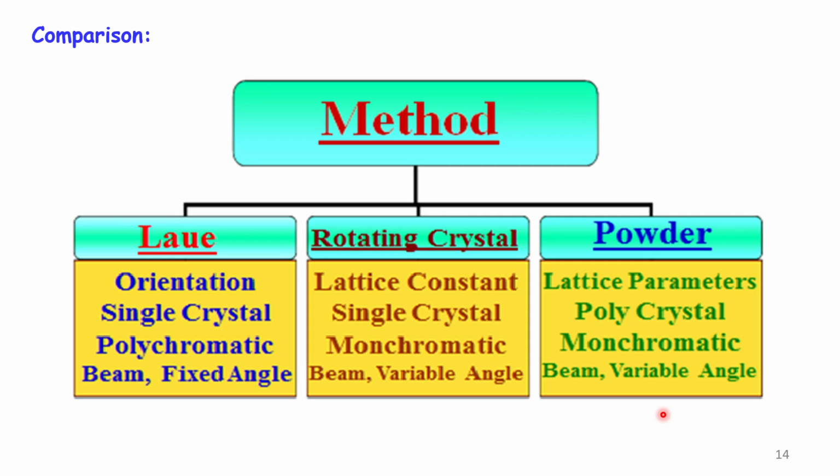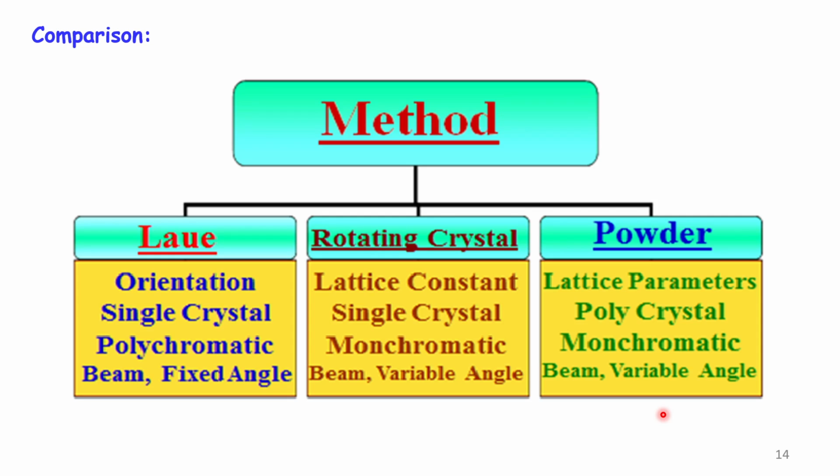So what are the basic differences between these? Basically the Laue method is used for the determination of the orientation of the crystalline planes and also for the determination of the symmetry of the crystalline planes, while the rotating crystal method is used for the determination of the lattice constant.